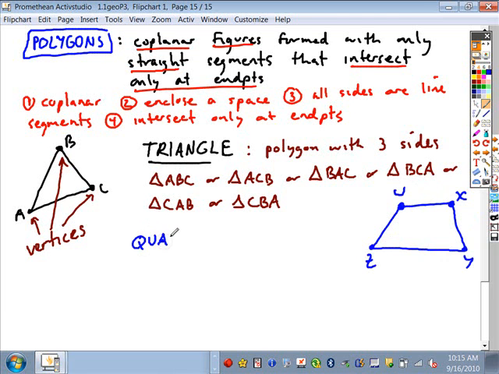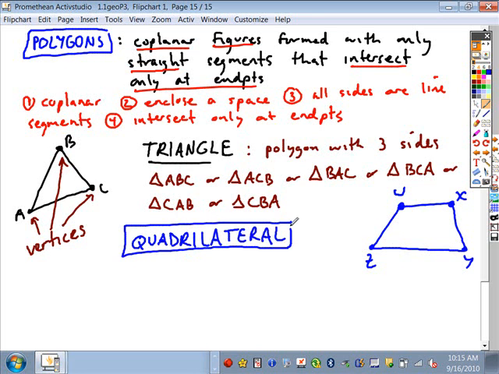And again, make sure if it asks you to classify a polygon by the number of sides, use quadrilateral. Don't use the more specific terms that might equate to a picture. So this kind of looks like a different type of quadrilateral, but you'd still just call it a quadrilateral, which again simply is a polygon with 4 sides.